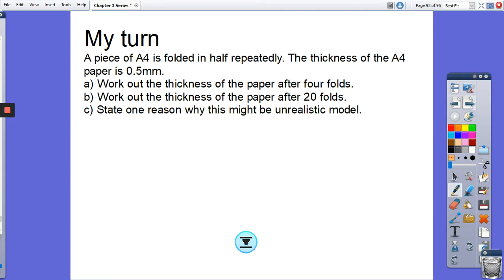So we're going to go 0.5, then 2 lots of 0.5. And then if you've got the two bits on top of each other, fold it again, and those two bits are going to go on top of two other bits now.